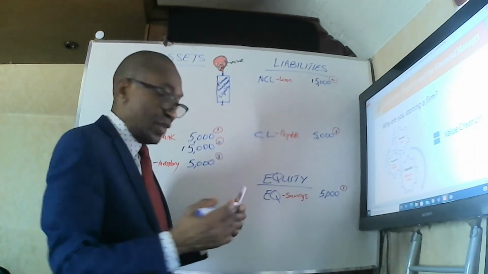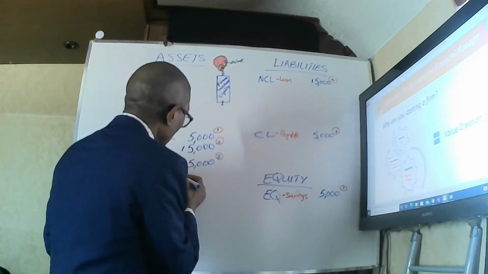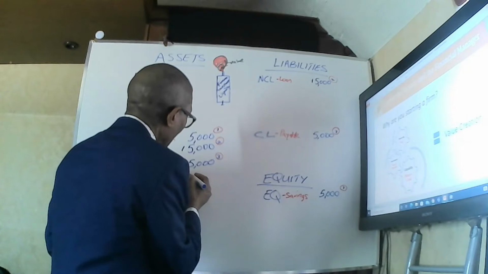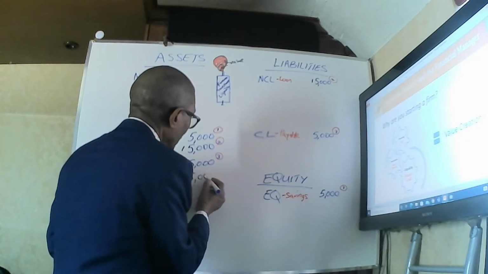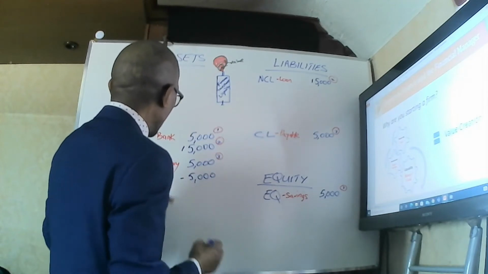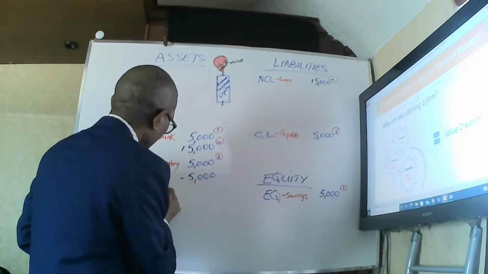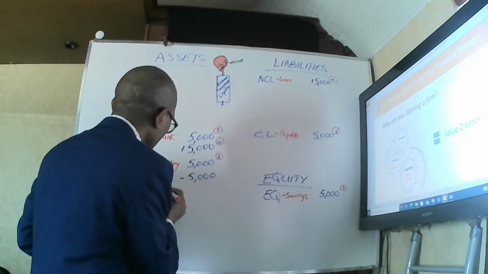Say I sell all this inventory now to a customer. This inventory will go, if I sell it, minus 5,000. So I've sold the whole inventory, and then I will now have something I call a debtor, if you haven't paid me, so debtor or receivable now.